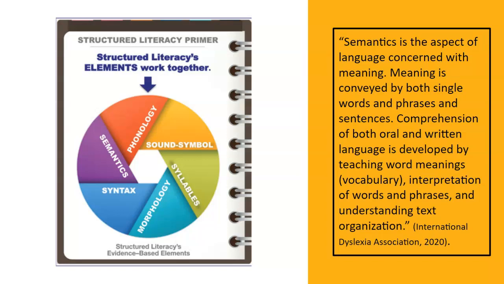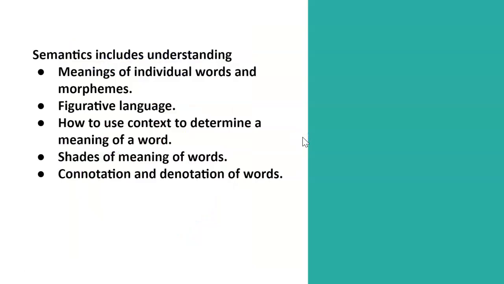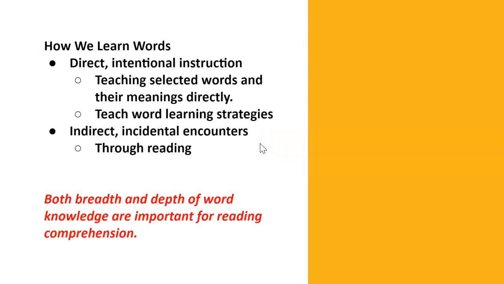Semantics becomes a critical component of teaching the structure of the language system. Semantics includes understanding each of these: meanings of individual words and morphemes, figurative language, how to use context to determine the meaning of a word, shades of meanings of words, and connotation and denotation of words. And we're going to talk about most of those today.